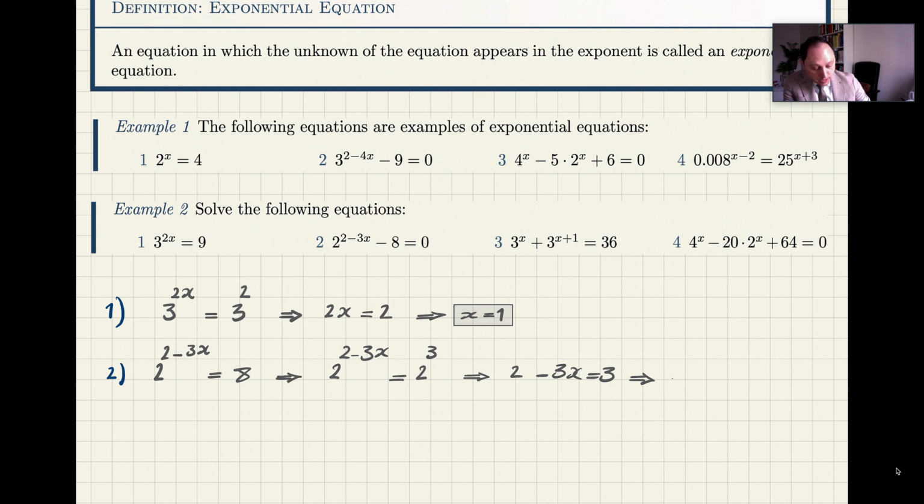So I have minus 3x, I move 2 to the right, it becomes 3 minus 2, which is 1. So let me just write it quickly. And then I am just looking for x, so my duty is to make x alone, so I divide by minus 3, and this becomes minus a third, yes? So this is the answer to this question.